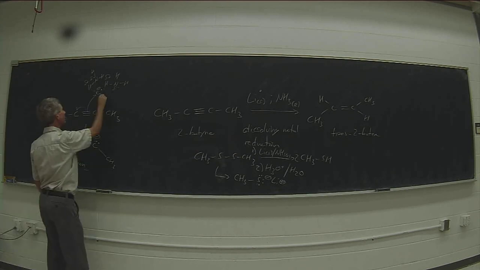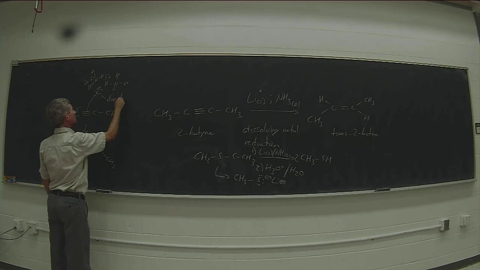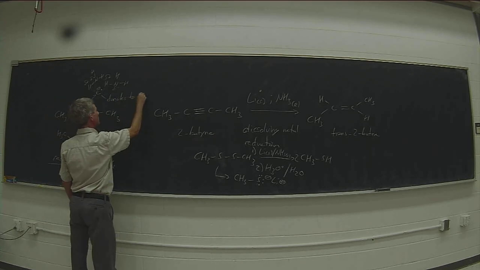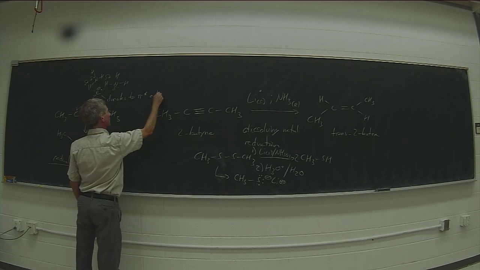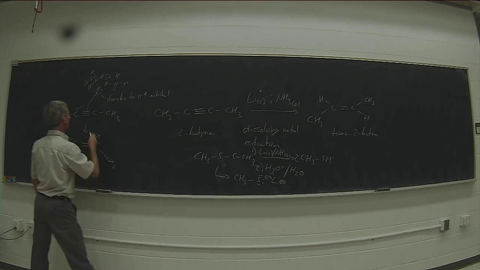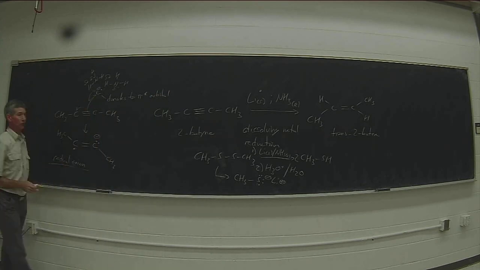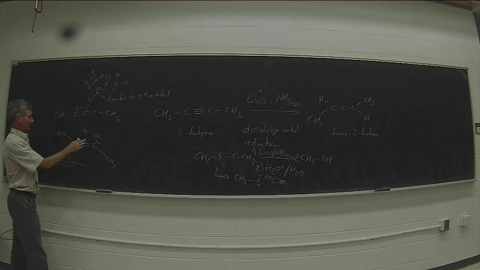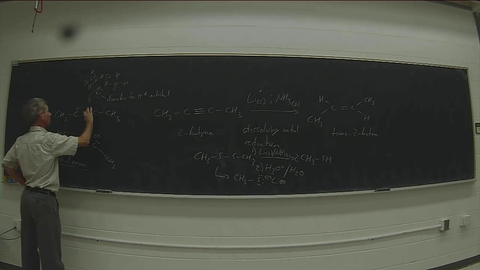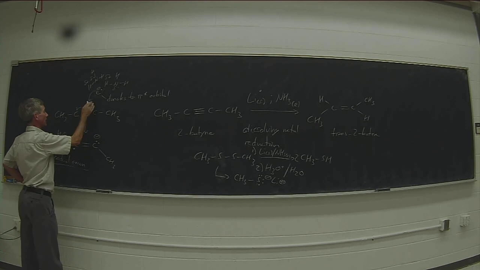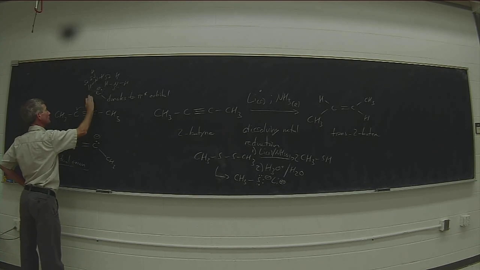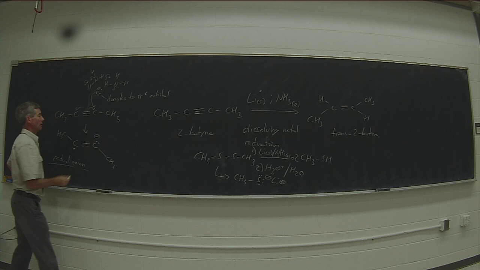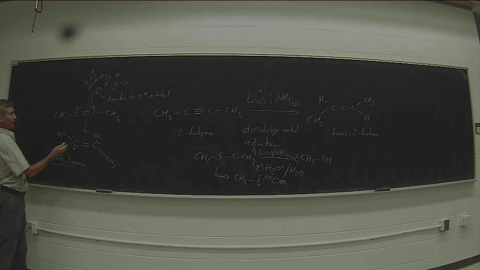When you put an electron into the pi star orbital, you break the pi bond, or at least substantially weaken the pi bond. There's a lone electron here, it's not particularly happy.